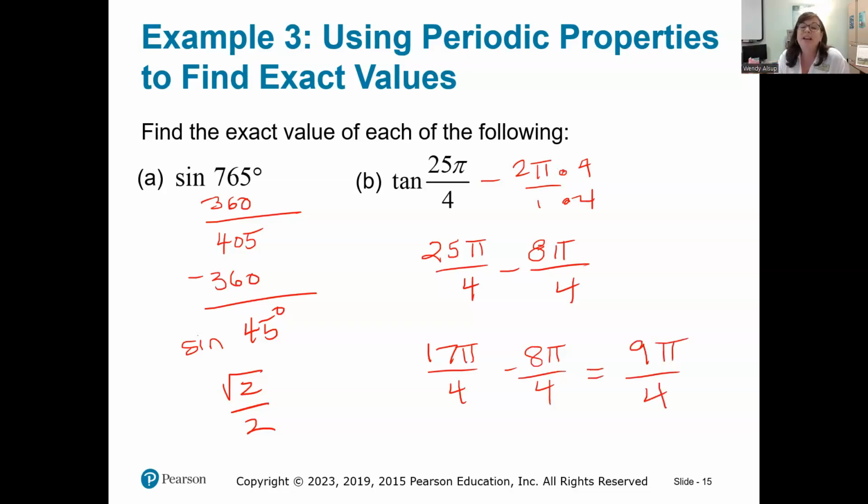But I can subtract yet another 8 pi over 4. So this went around like 3 times. 9 pi over 4 minus 8 pi over 4 is just pi over 4. So this is going to be the exact same thing as the tangent of pi over 4. And we found that earlier at the beginning of class in our little review. The tangent of pi over 4, which is the tangent of 45 degrees, is 1. That equals 1. Okay.